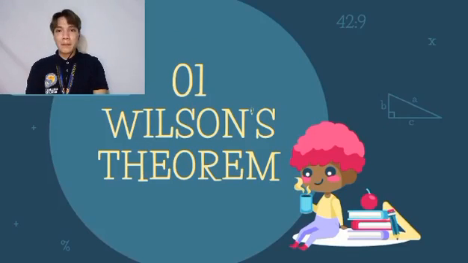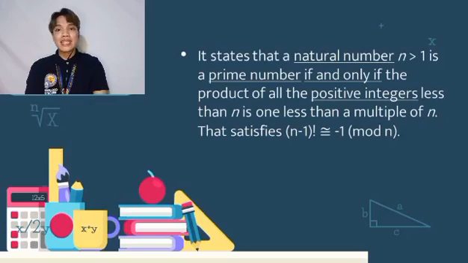Now, for the main topic, Wilson's theorem. It states that a natural number n greater than 1 is a prime number if and only if the product of all the positive integers less than n is 1 less than a multiple of n.